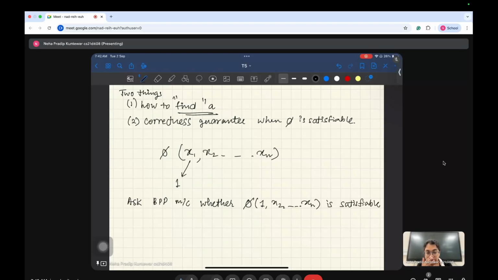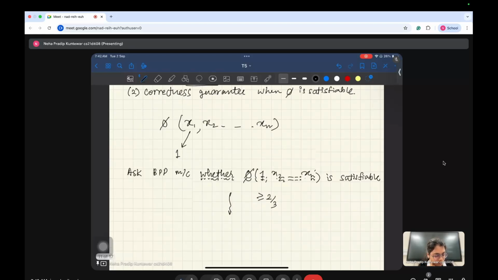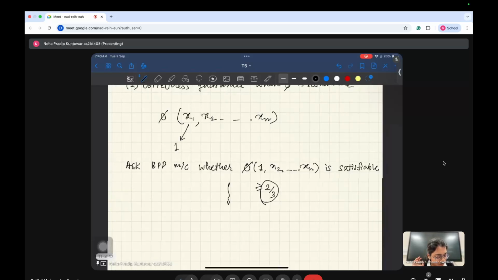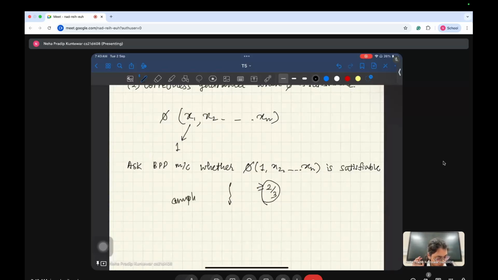With a good enough probability, it's going to say that you are correct. Now I will not stop here; we are going to amplify this. I'm not happy with the 2/3 probability here, so we're going to amplify it k many times or n many times.